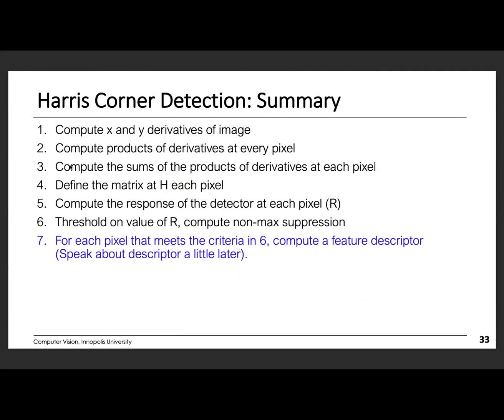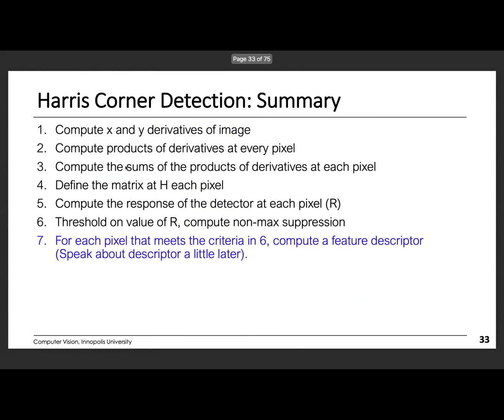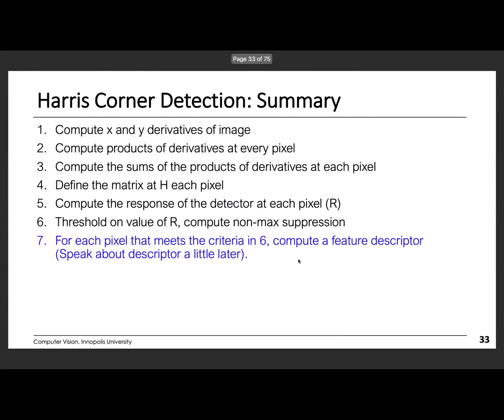Third, compute the sums of products of the derivatives at each pixel. Then define the matrix H, which is I of x squared, I of y squared, and the multiplication of the different derivatives. Then compute the response of the detector at each pixel.